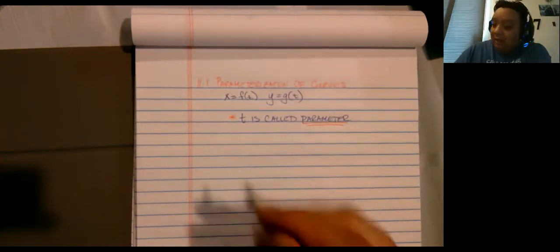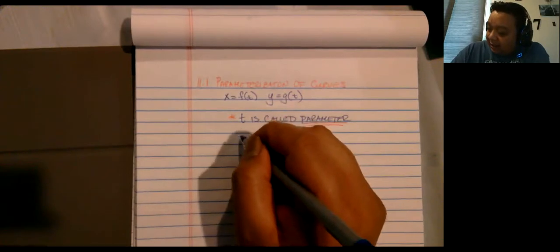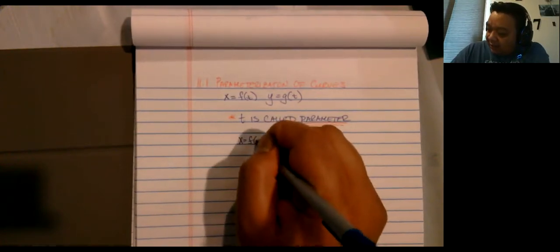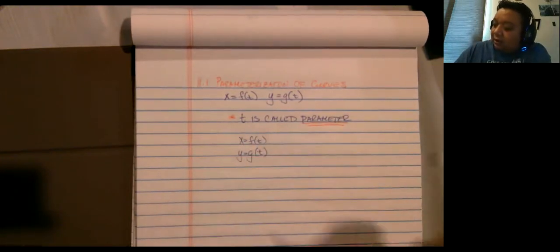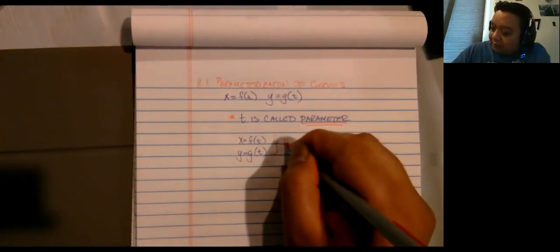Okay. X equals f of t and Y equals g of t are called parametric equations.